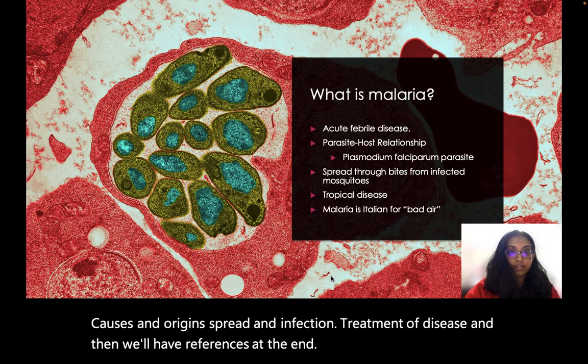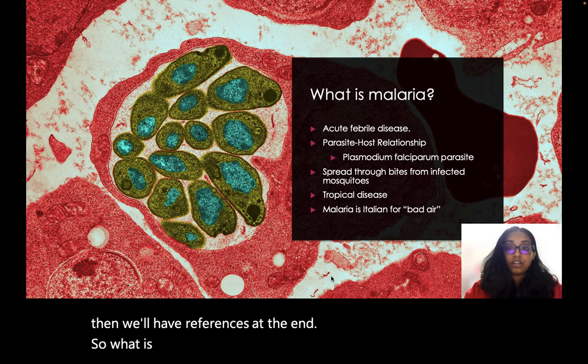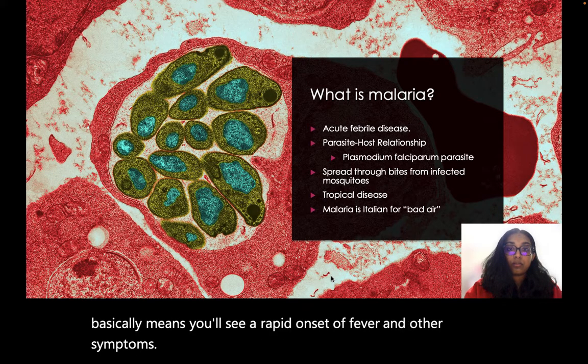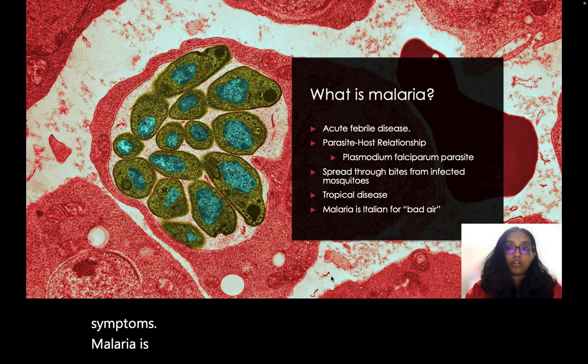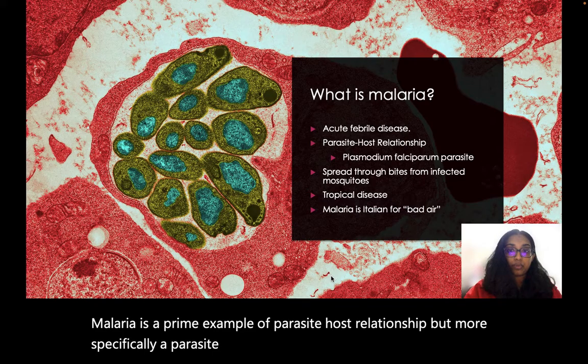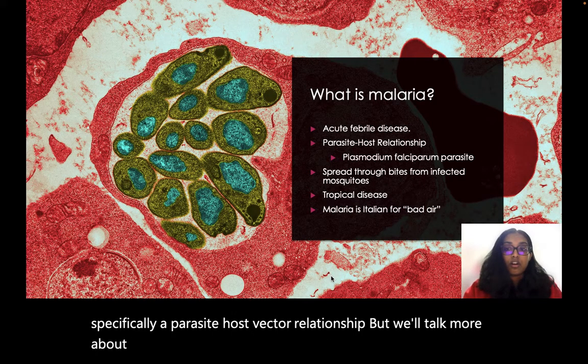So, what is malaria? Well, malaria is an acute febrile disease, which basically means you'll see a rapid onset of fever and other symptoms. Malaria is a prime example of a parasite-host relationship, but more specifically a parasite-host vector relationship, but we'll talk more about that later.